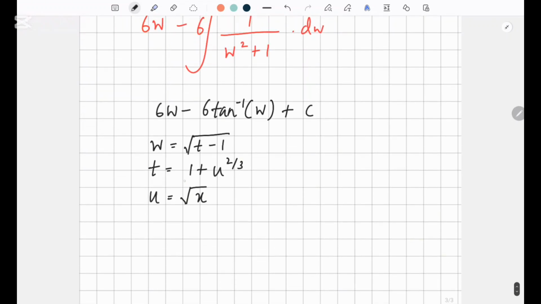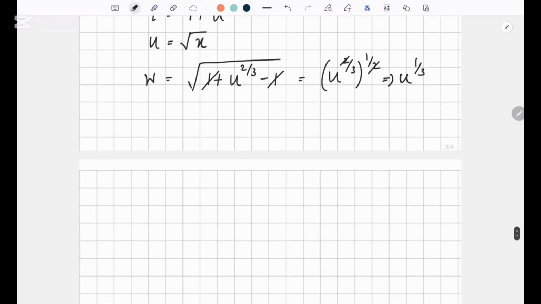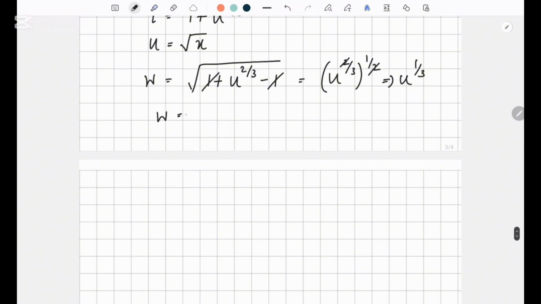So let's put t equals 1 plus u to the power 2 over 3 into this. So we get w equals root 1 plus u to the power 2 over 3 minus 1. These cancel off. Now we have u to the power 2 over 3 to the power half. The 2's will cancel off. Now we have u to the power 1 over 3. So w equals u to the power 1 over 3.